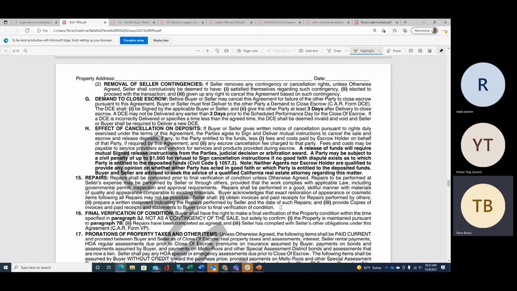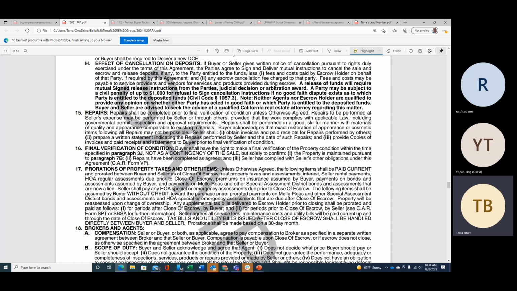But if they don't, the minimum contractual obligation is to patch that hole and leave it. Unless, of course, your buyers want that left there. And then that's something, again, you have to call out in the contract that you want it included because it's excluded from the contract. It's supposed to be removed and repaired. Okay.